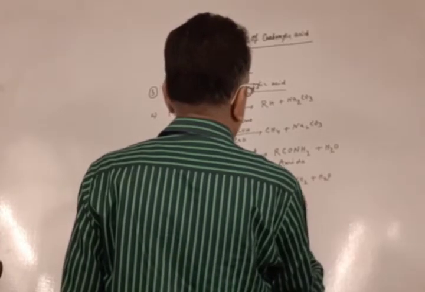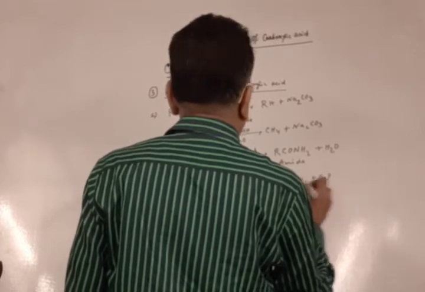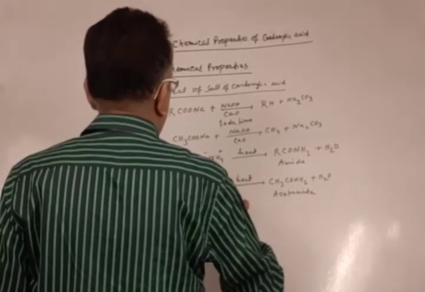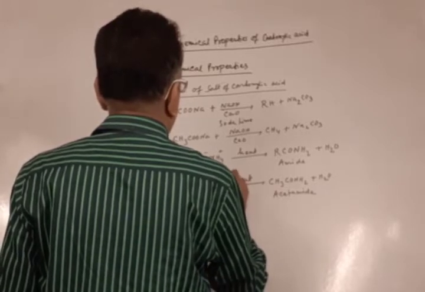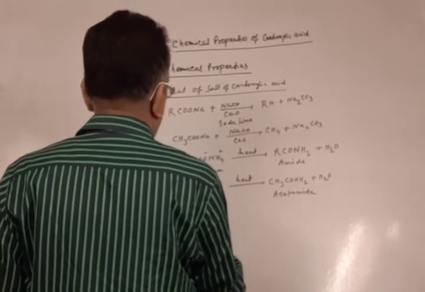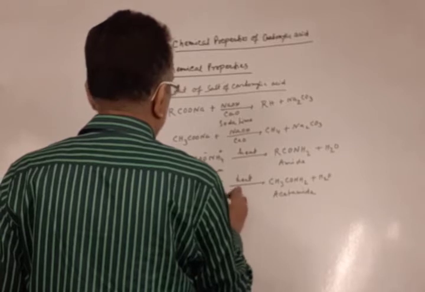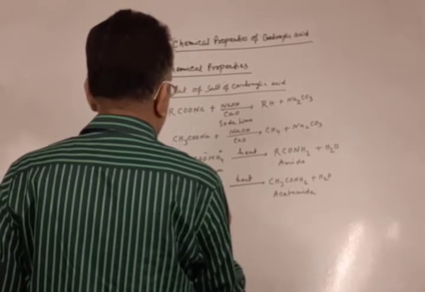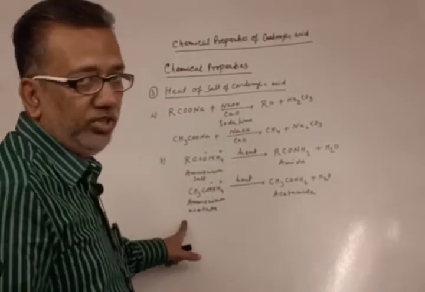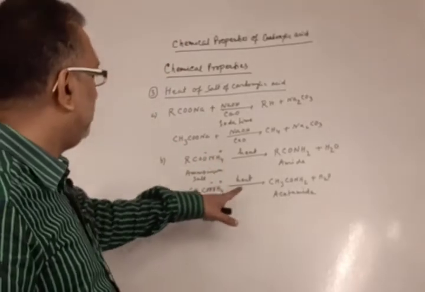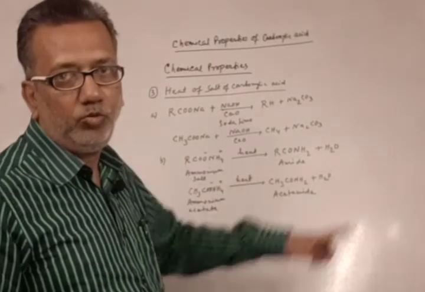This is acetamide, and this is NH4 plus. This is ammonium acetate. So ammonium acetate, when heated, gives the corresponding amide, acetamide, and water.